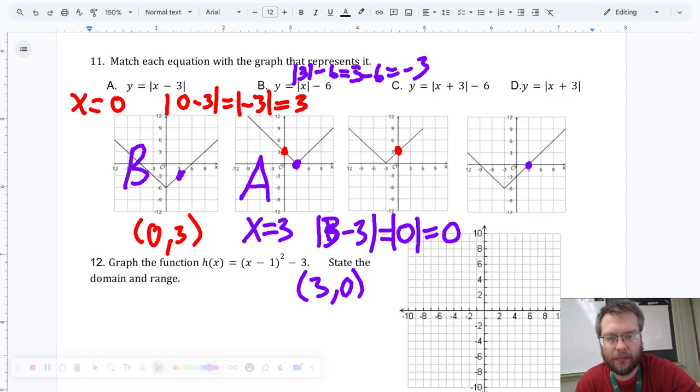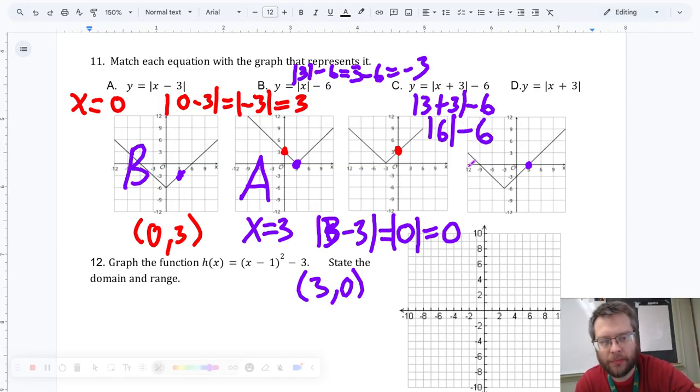Let's try graph C. I'm going to keep going with x equals 3. Not that I have to. I could have chosen any number that I'm able to compare to the graph. Like, don't choose x equals 17, because that's not on the graph that you can see. 3 plus 3 is 6. The absolute value of 6 is 6. 6 minus 6 is 0.